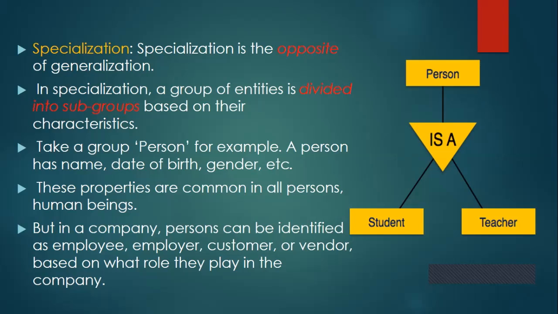Specialization basically means this particular person is divided into subgroups, that is student and teacher. The characteristics of a person come into student as well as teacher, and a student can have some special characteristics also.